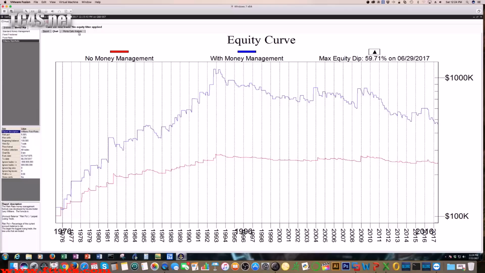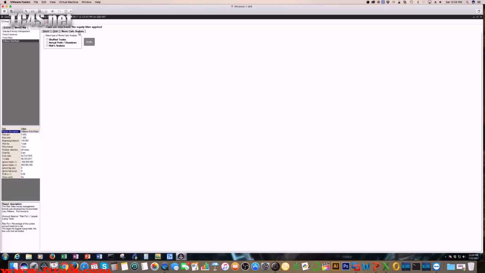Okay. Another cool feature is they do Monte Carlo analysis. Now that's something for an entirely different class, but all you need to know is this shuffles the trades around and asks the question, if the trades came in different orders, how much does it hurt our equity curve, basically?